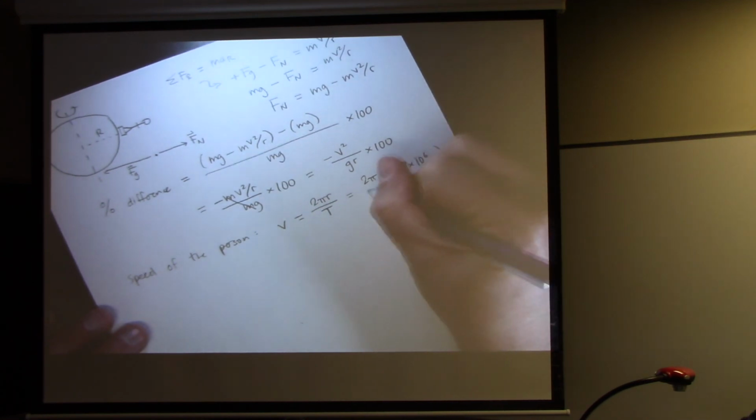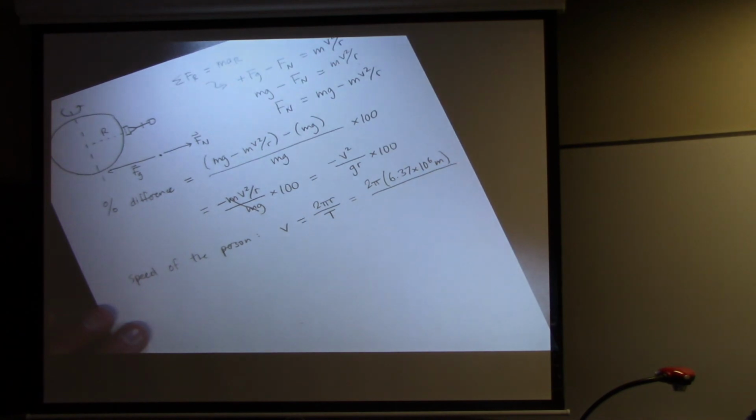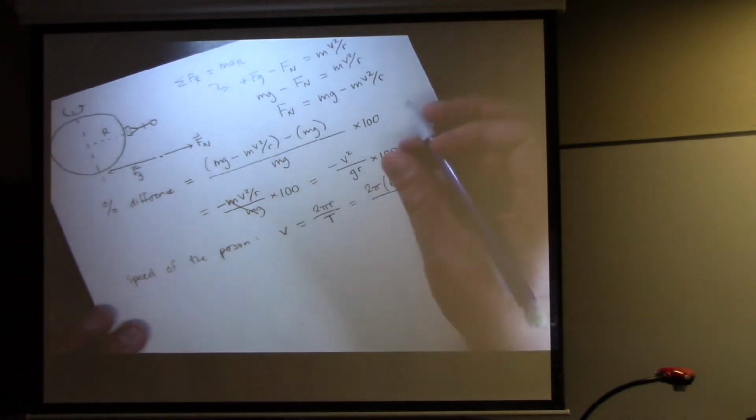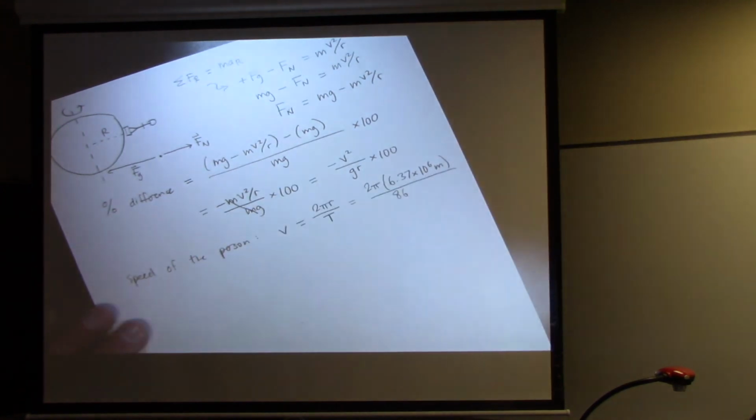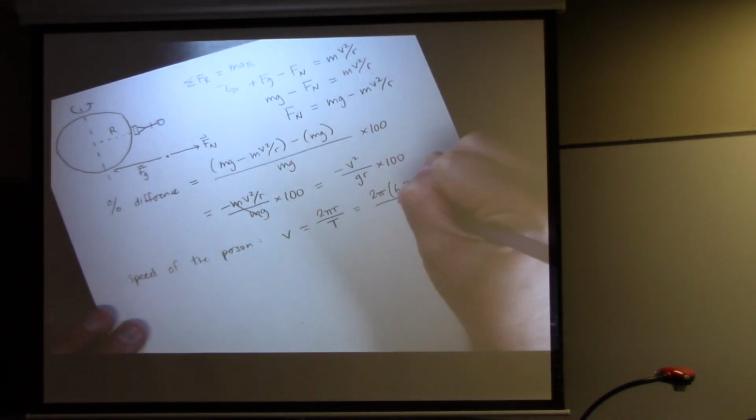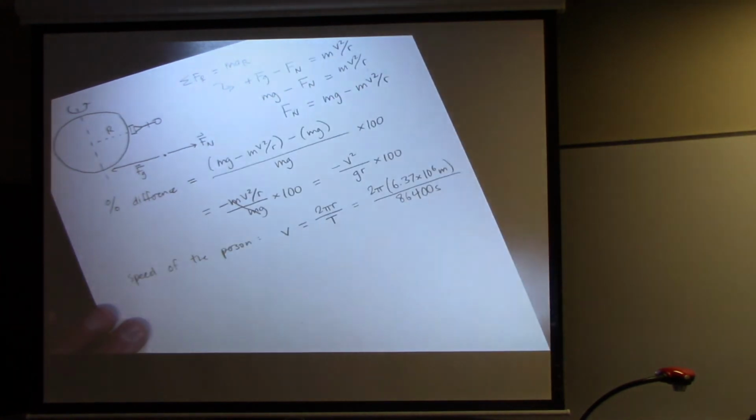That's the radius of Earth. We've seen that number before. The period would be a day, but as we saw in a previous problem, we can take a day and convert that to 86,400 seconds. Okay, so that's the speed of the person.